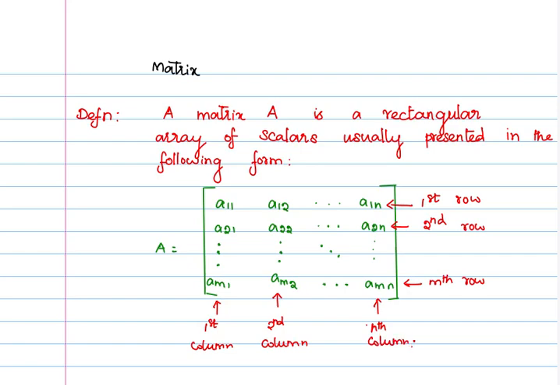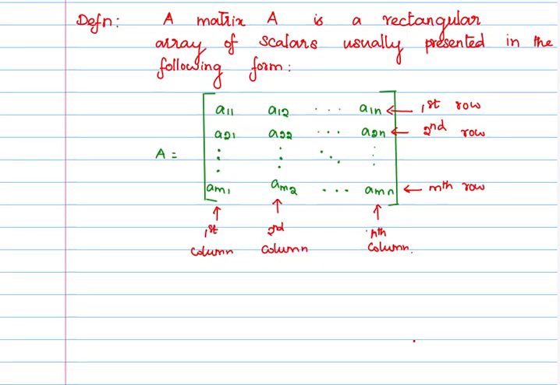So this is the matrix. Each element, suppose this is A22, the subscript means second row, second column. This one is the second row, nth column element.